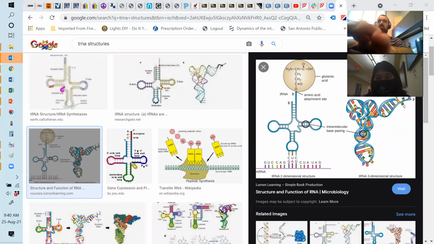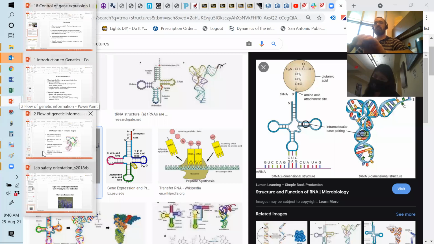And so the anticodon basically recognizes the codon, right? And that's how the mRNA is translated, right?